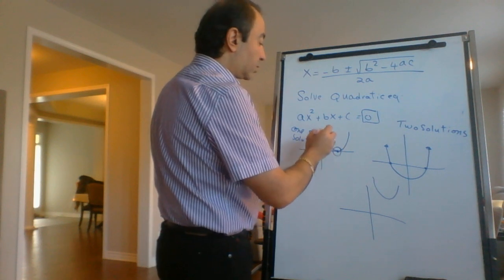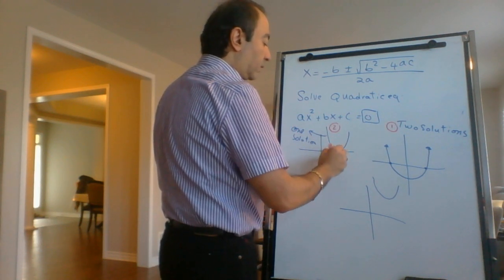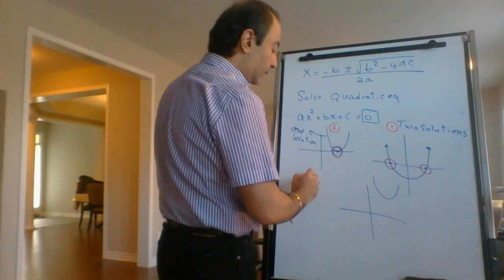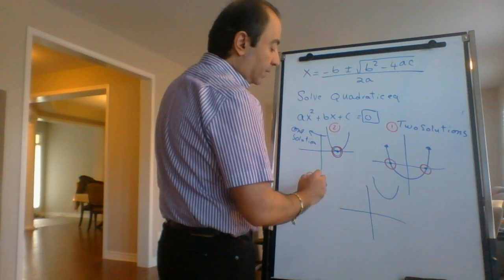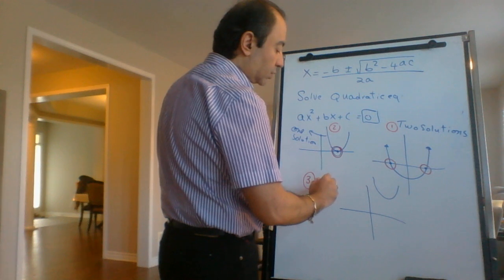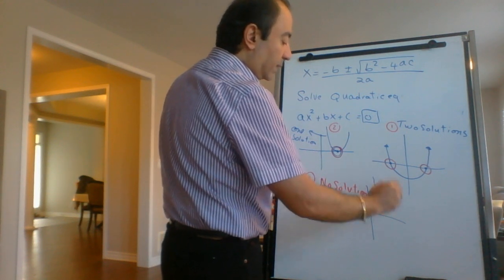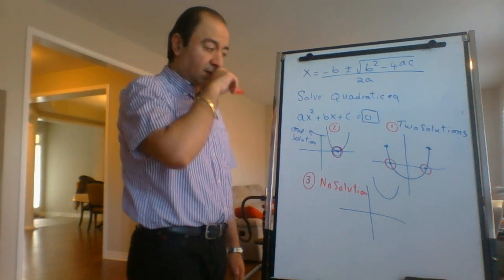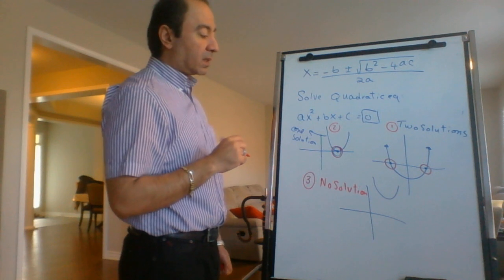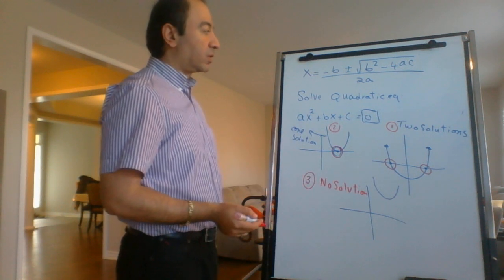Case 3, when we don't have any solution, because as you see, this curve will never hit the x-axis. It doesn't have x-intercepts, and accordingly, it doesn't have any solution.